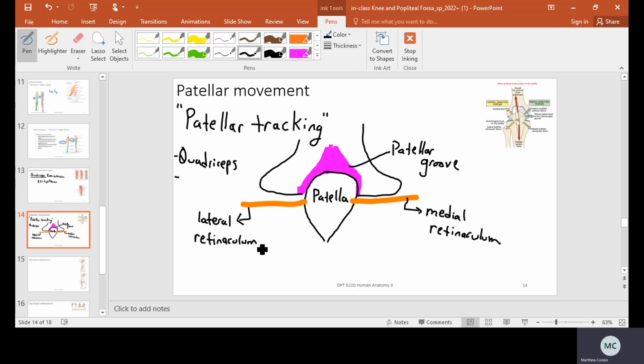Now, bonus question. Would that happen in a genu valgus or genu varus patient? Who's going valgus? Who's going varus? Who's going neither? We have a biomechanics test tomorrow, so I don't know. Let's think about it. Okay? If I'm in valgus, I have squinting patellas, right?